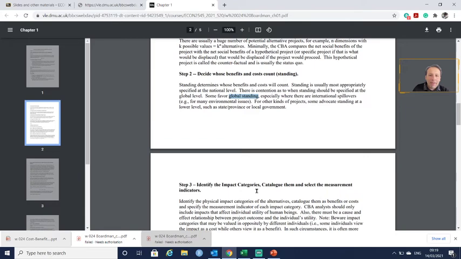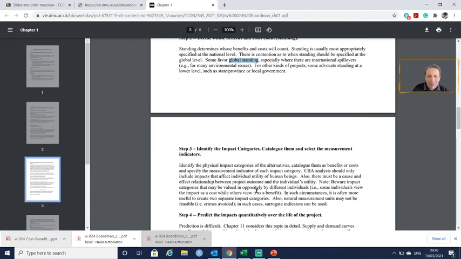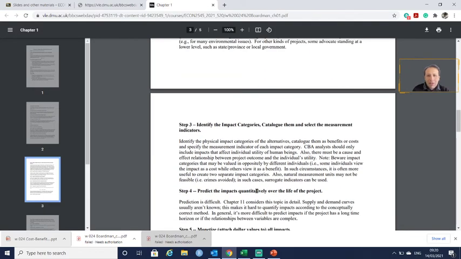This is the standing. Number 3, identify the impact categories, catalog them, and select the measurement indicators. So we need to identify the impact categories of the alternatives.